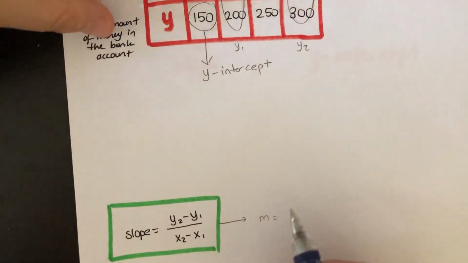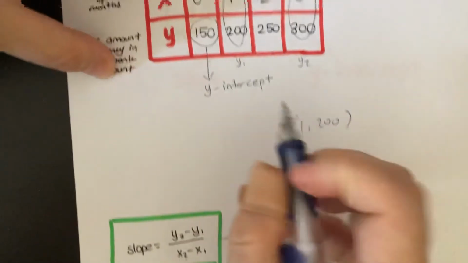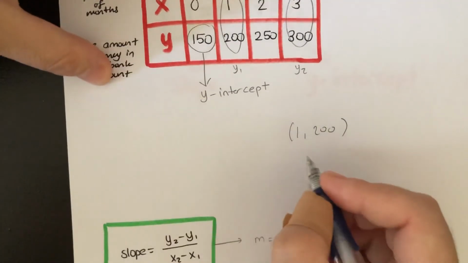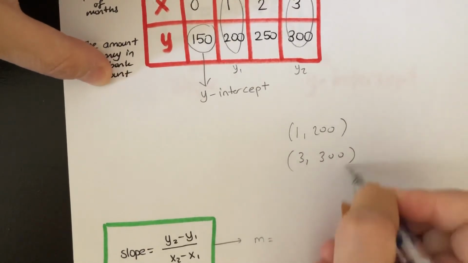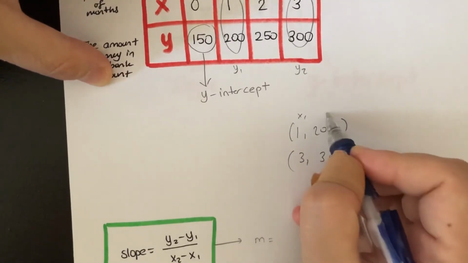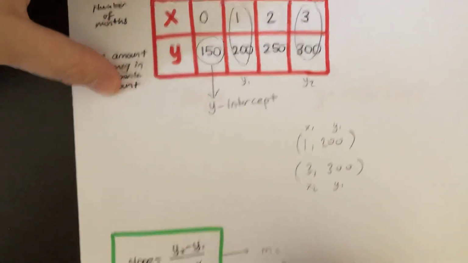Let's write the points like that: (1, 200) and (3, 300). x1, y1, x2, y2. Let's use them.